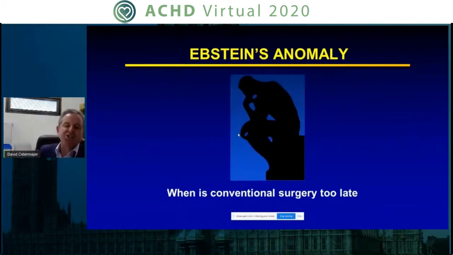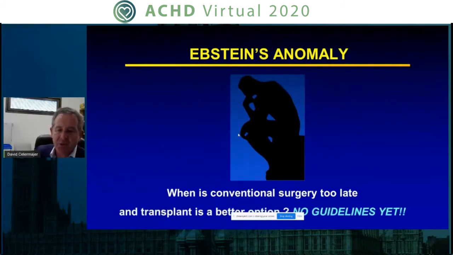Now, when might conventional surgery be too late? This is a very difficult thing in clinical practice, because maybe there are some hearts that are so bad and the LV is dysfunctional and the arrhythmias are bad and you might consider a transplant.